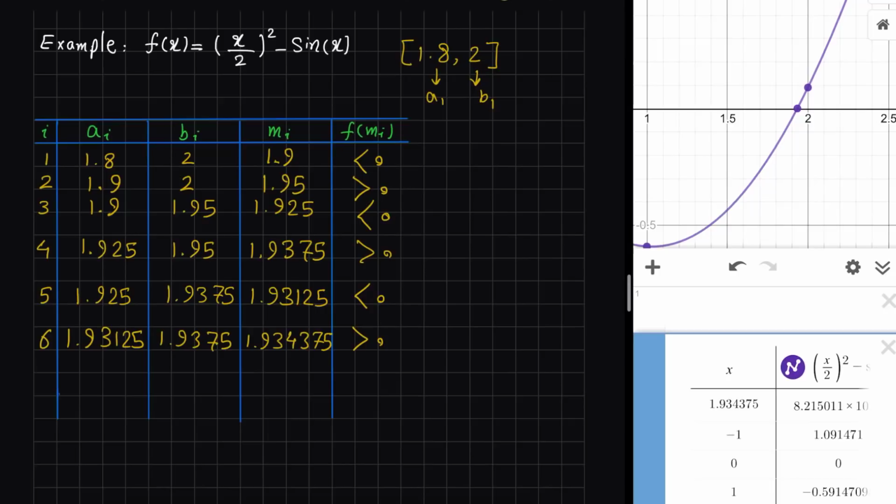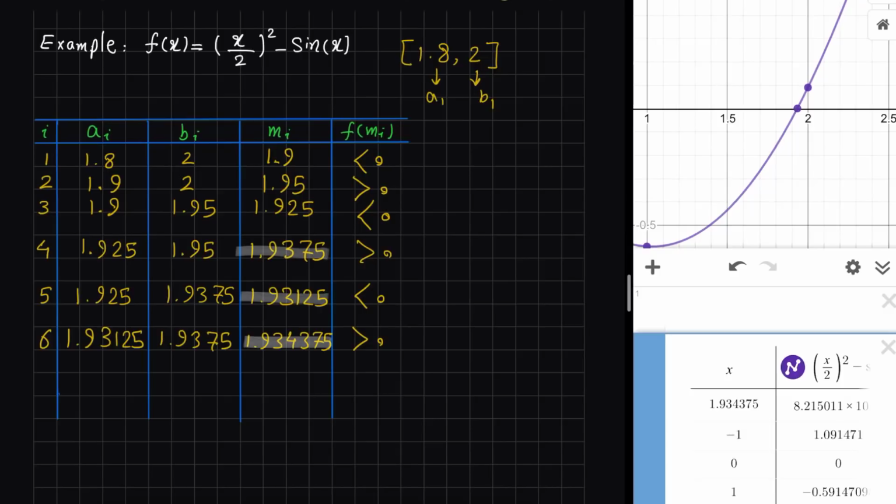But as you can see here, we are approaching the root because our numbers are getting closer and it's converging to the root.